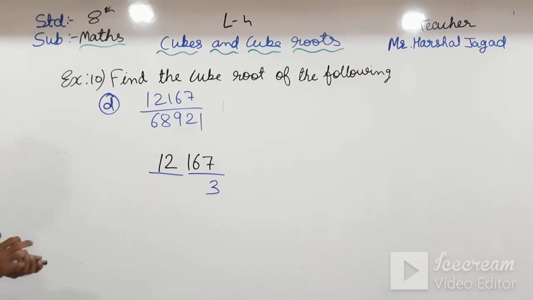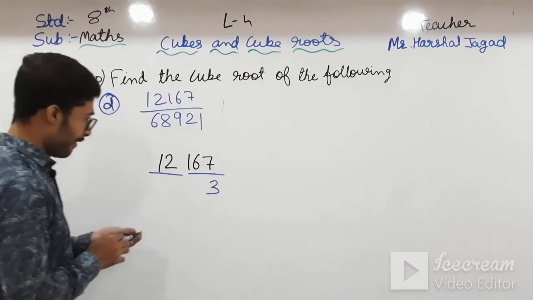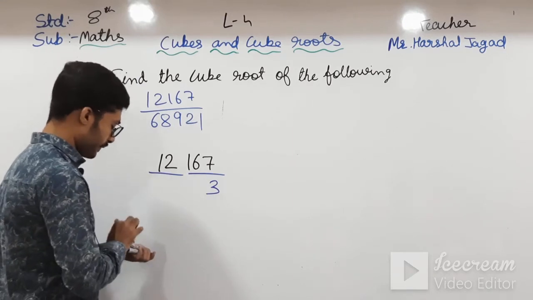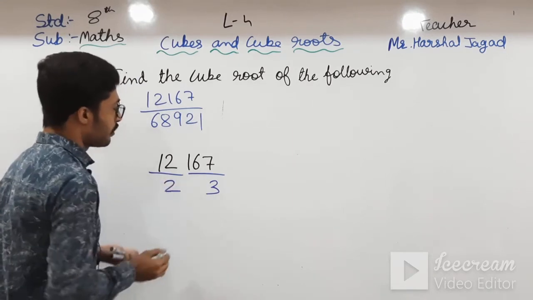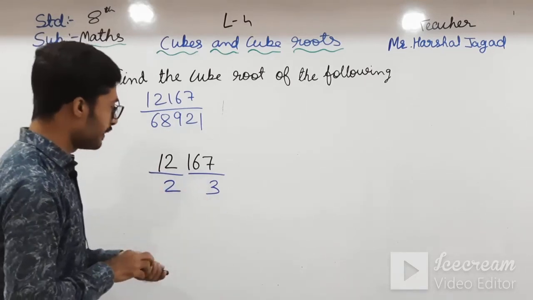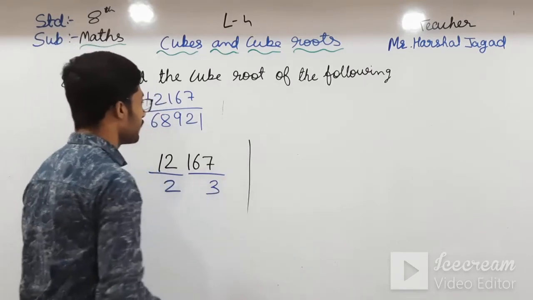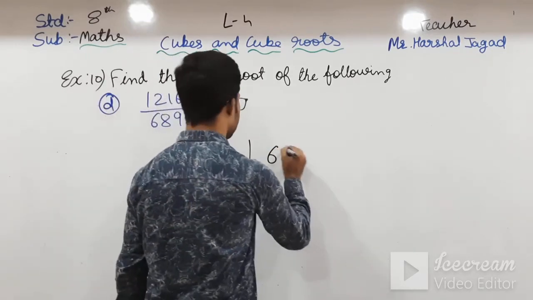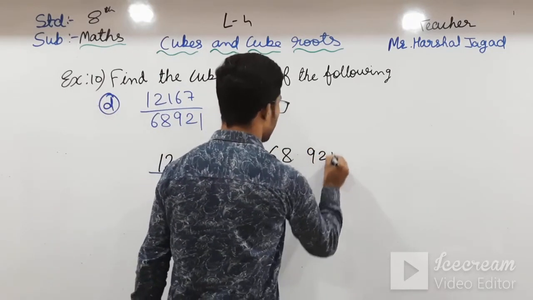If we take the cube of 2, then it is 8 and it is less than 12. So we will write 2. So its cube root is 23. Now we will try the other one, that is 68921.